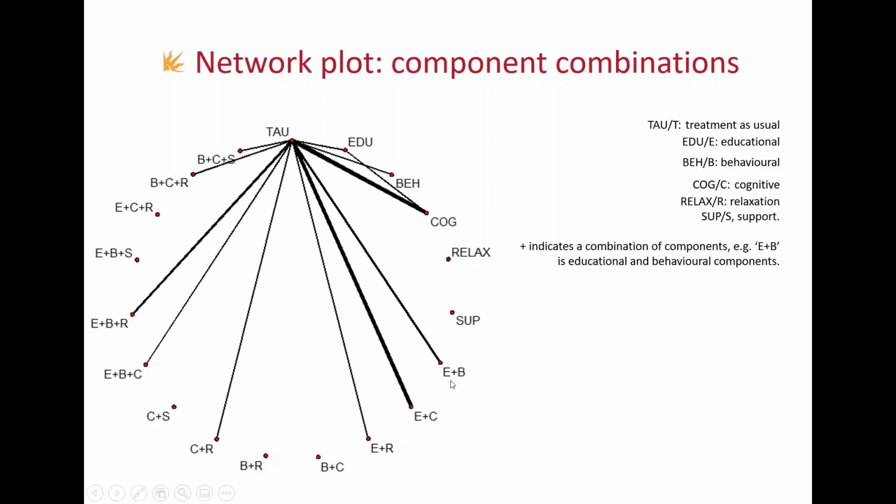And where you see in this plot this plus sign between educational and behavioural approaches, what that indicates here is a combination of components. That intervention had both an educational and a behavioural component. But Nikki will talk about the types of models we can consider for component network meta-analysis in more detail.